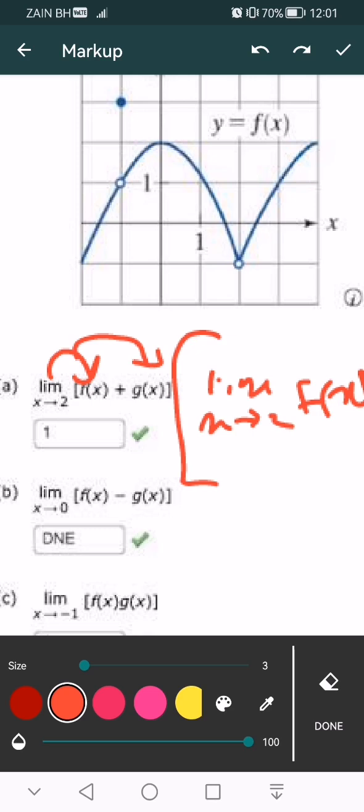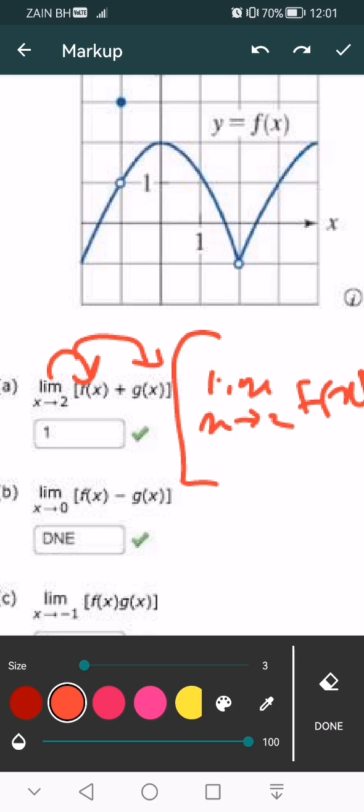If the right side is equal to the left side, I can say the value exists. This is a very important point that I can solve by.